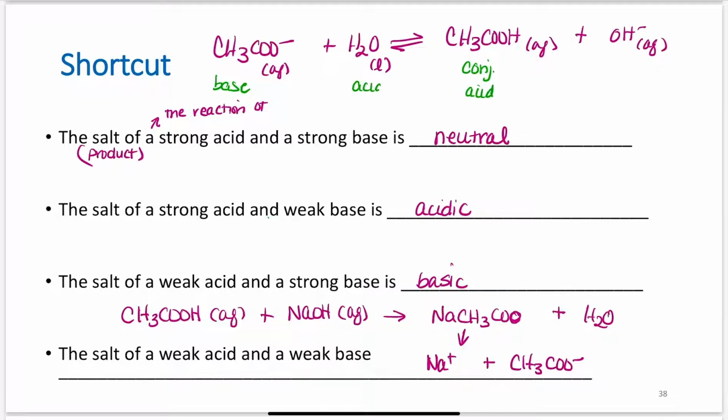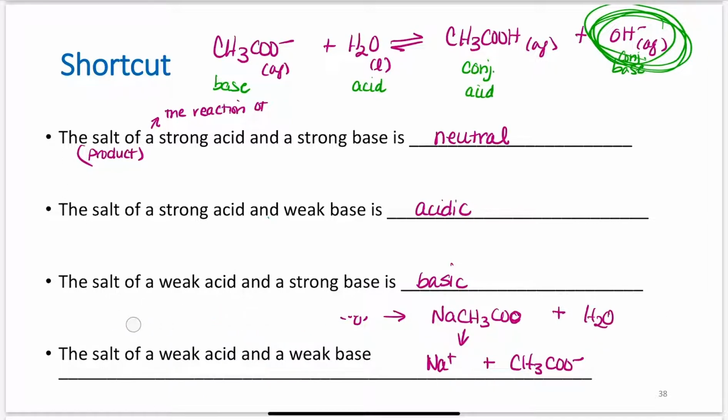Water in this case acts as an acid because it donates a proton, and this is its conjugate base. It's also increasing the hydroxide ion concentration in solution because it's creating more of this in solution than what water naturally has. Hence, the solution will be basic. The salt of a weak acid and a strong base is basic.